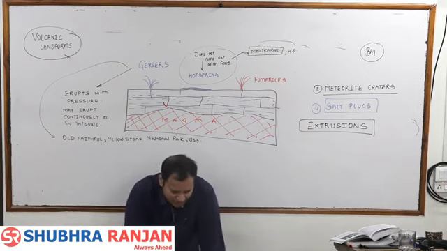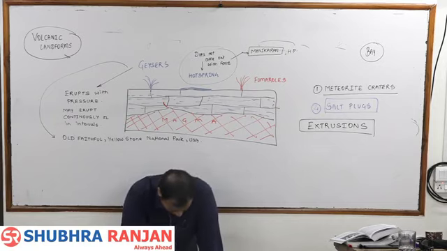In other words, salt comes up due to the movement of the water. Water gets evaporated and just salt pillars are formed.